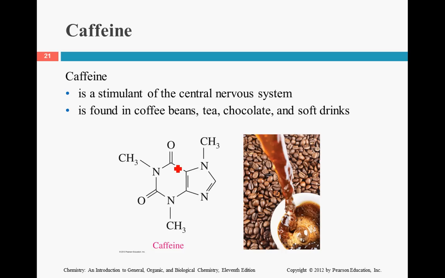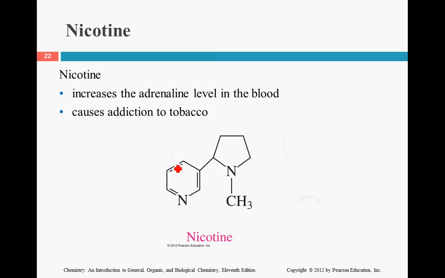They've actually started replacing caffeine in some of the energy drinks to create an even stronger effect. So when you're looking at things like the 5-hour energy, I don't think it actually contains caffeine. I think it contains some other drug. Nicotine is another example of where the nitrogen is embedded in the ring itself.